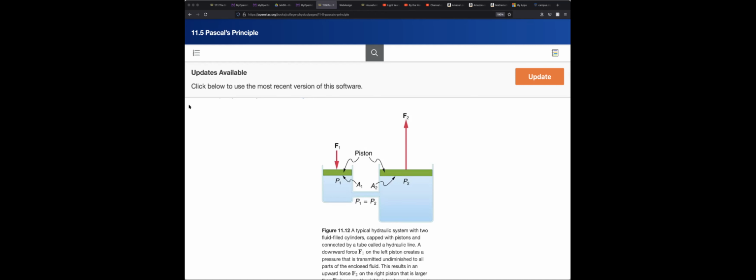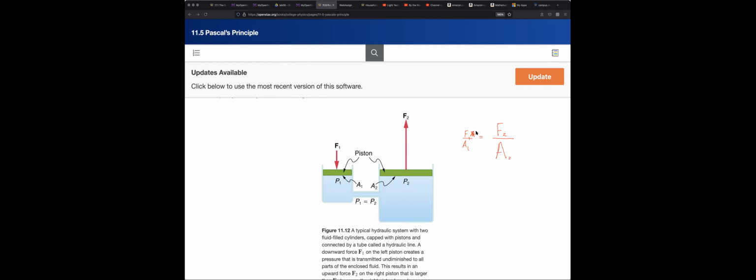And that's totally doable. You know mathematically that you can have something that looks like this, a small force 1 over a small area 1, can equal a big force 2 over a big area 2.